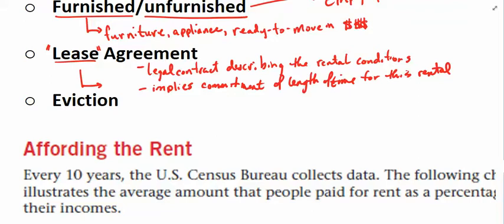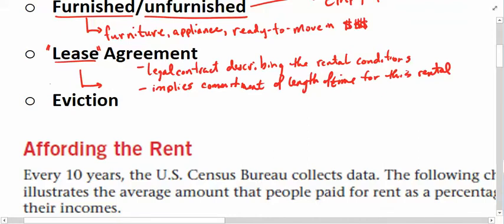Now, if you're not holding up your end of the commitment, or if the landlord is not holding up his or her end of the commitment, then you might be able to terminate the lease. When it's you as the tenant who is at fault for breaking the terms of the lease agreement, you will be evicted, or asked to leave the property.